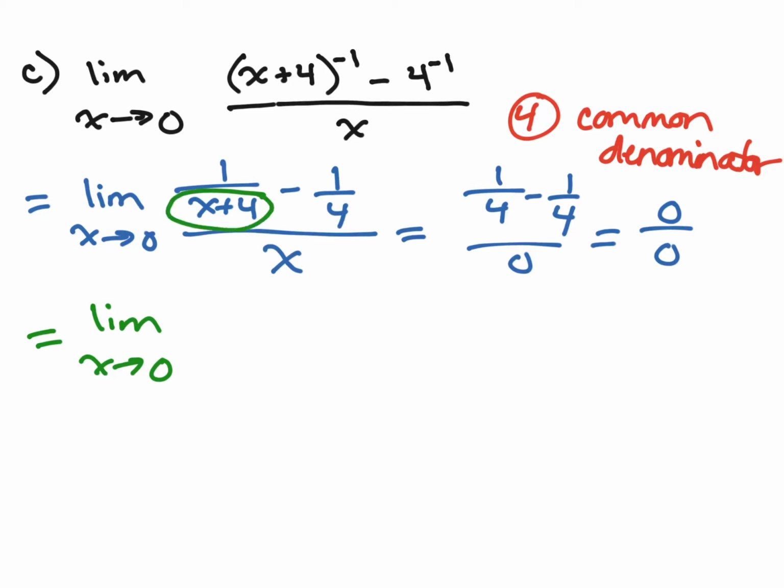So, looking at these two fractions, what would my common denominator be? It would be 4 times x plus 4, right? I would multiply the first one by 4 over 4, and I would multiply this one by x plus 4 over x plus 4, correct? Now, I'm going to save myself a step, because if I combine these fractions and get a common denominator, then I'm going to have to flip and multiply.